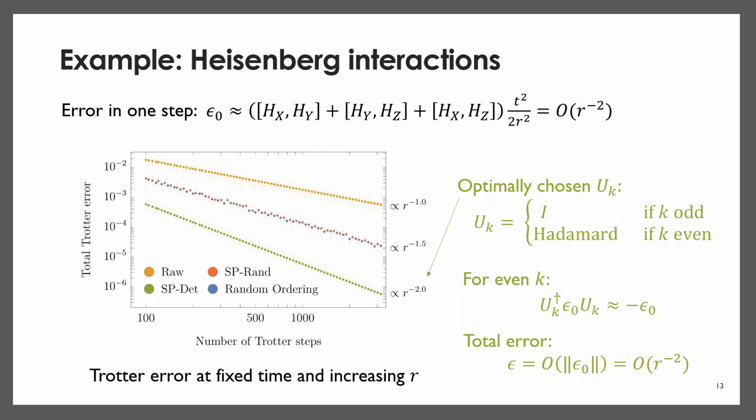We're gonna insert Hadamard gates in between the steps of the simulation. And what happens is that the error to the second order will vanish every 2 Trotter steps. So the total error in the worst case will be just the error in 1 Trotter step. And that's why the error in this simulation scales as 1 over r squared.